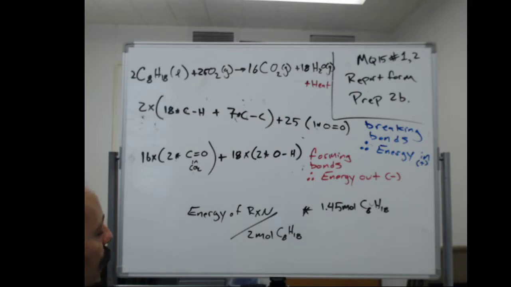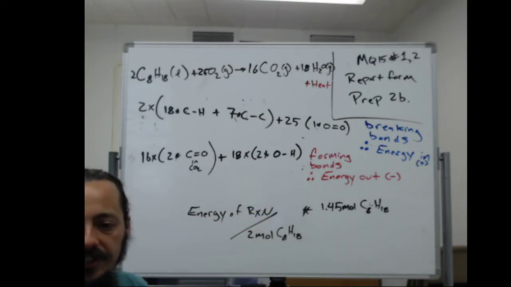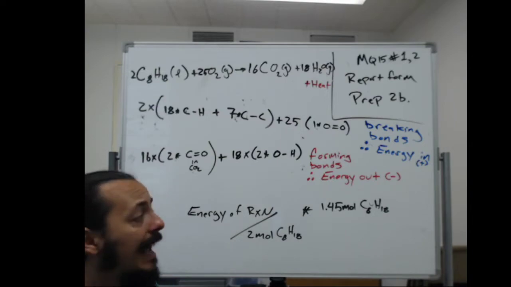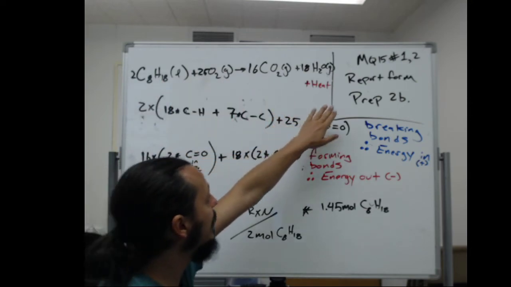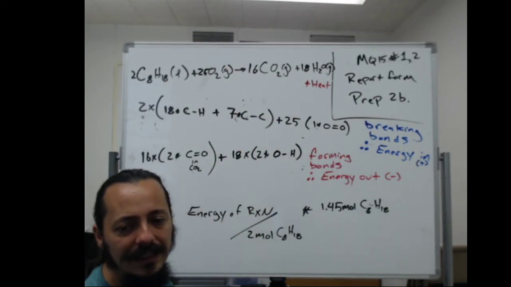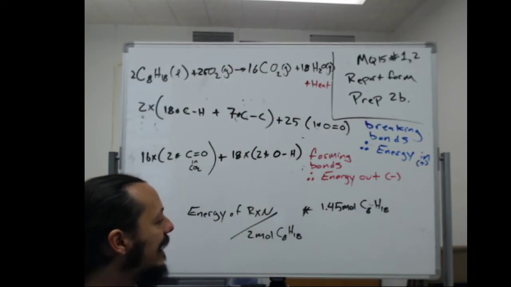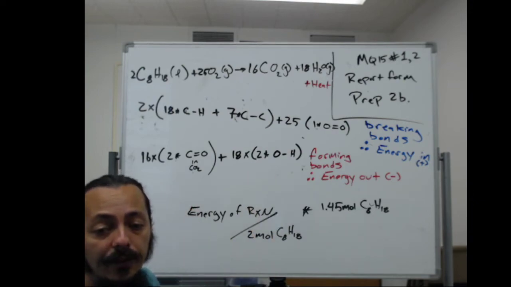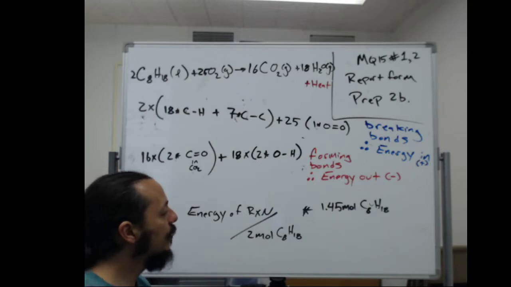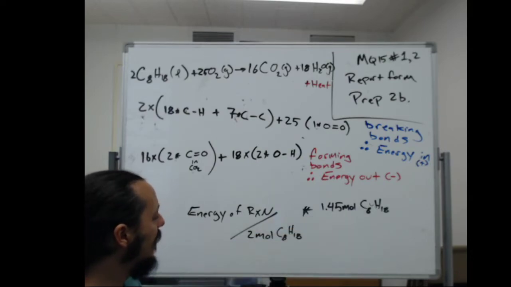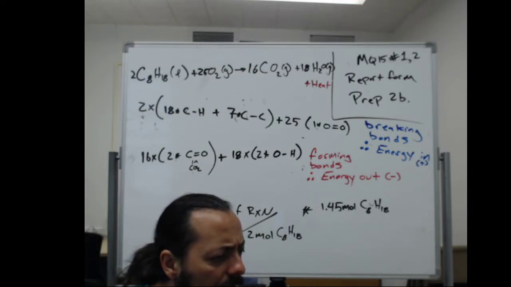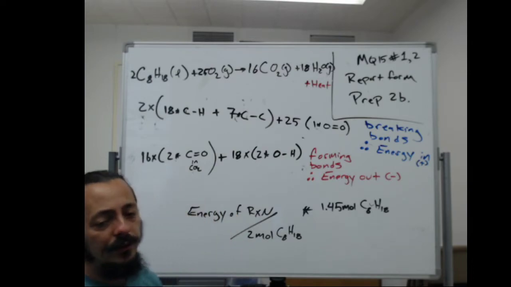So this is the point where energy really becomes just another stoichiometric product. It's another product in our reaction that's going to obey these mole ratios. So I'm going to get heat per 2 moles, heat per 25 moles, heat per 16 moles. And we can actually use that just like any other product that we have. We can also do this idea backwards.